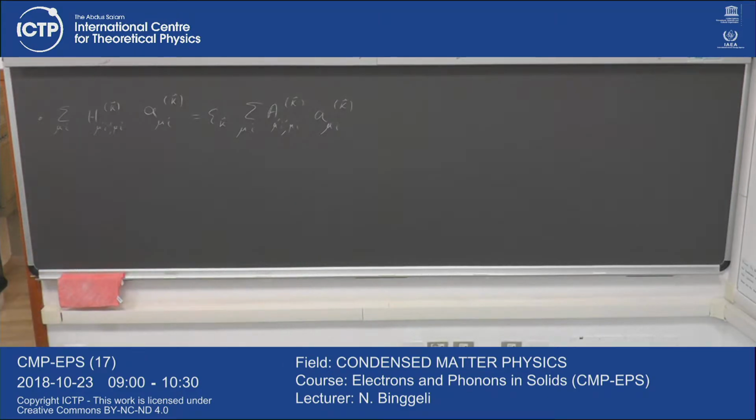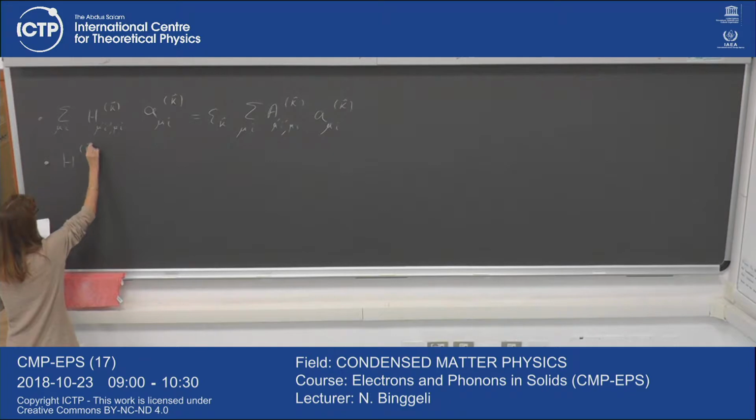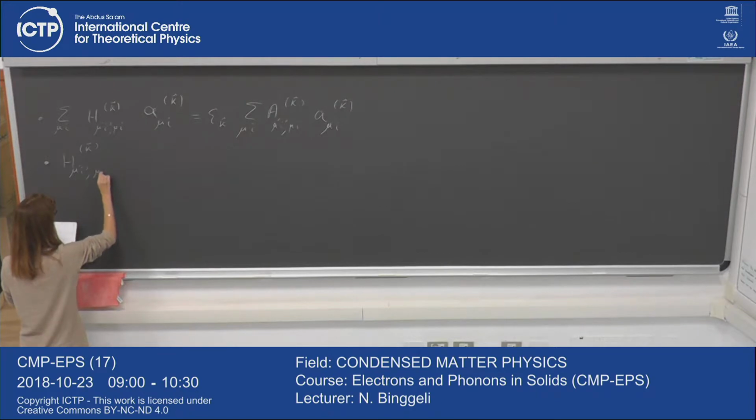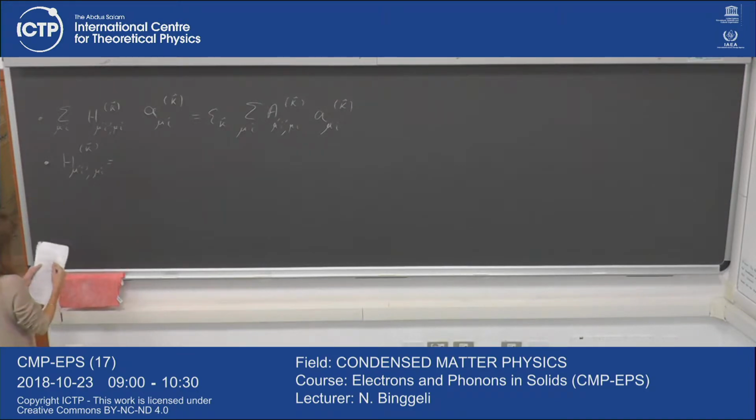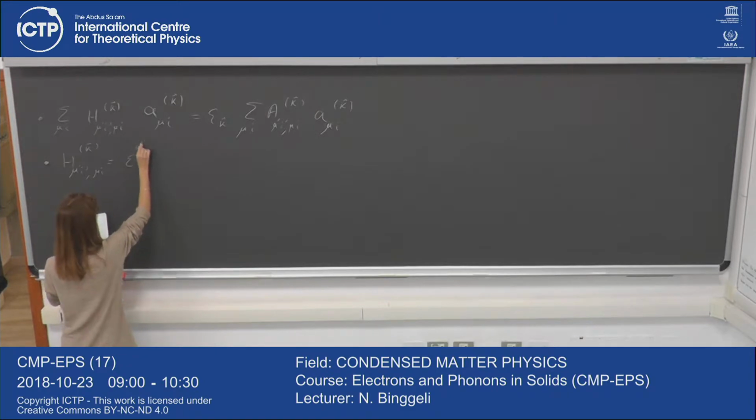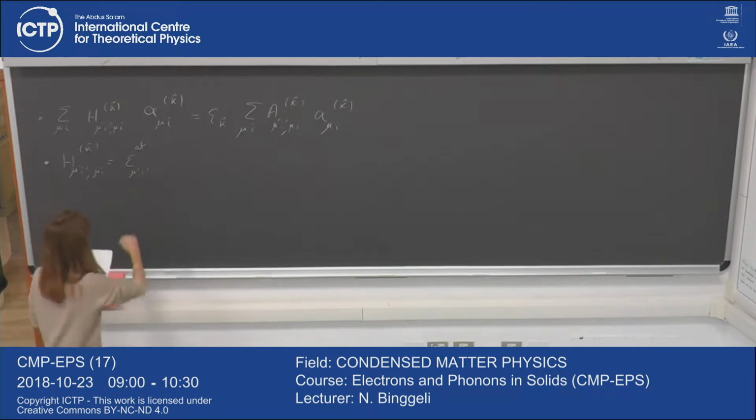So the A were the coefficients on the tight binding basis for the atom mu, orbital I. So this was the equation to solve, and the matrix elements of H mu prime I prime mu I were given by the atomic energies for the atom mu prime and the orbital I prime.